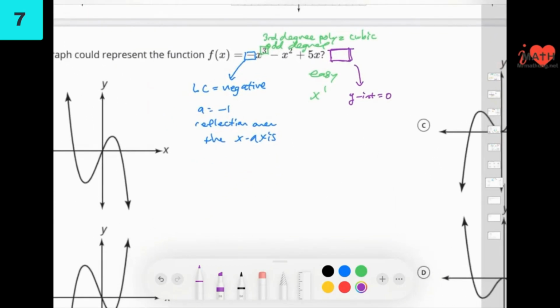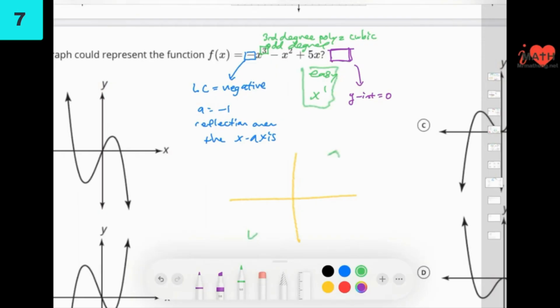So let's construct our own graph. This might be helpful. If I just construct my own graph. Okay, so like I said, the easiest we know is, usually starts down, ends up as you go left to right.